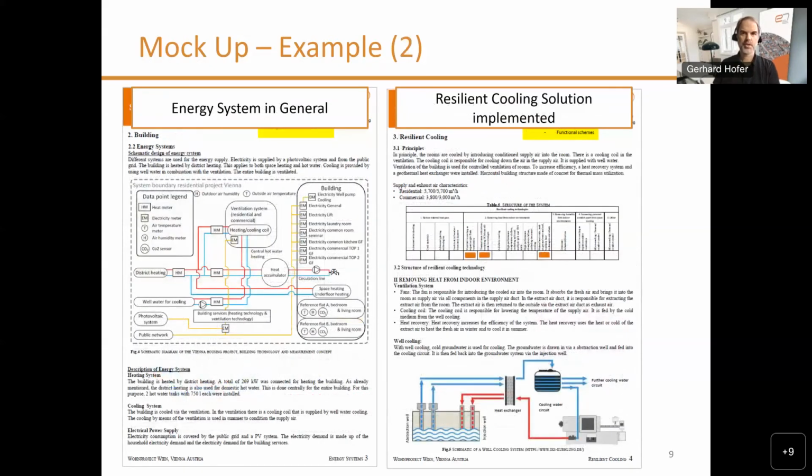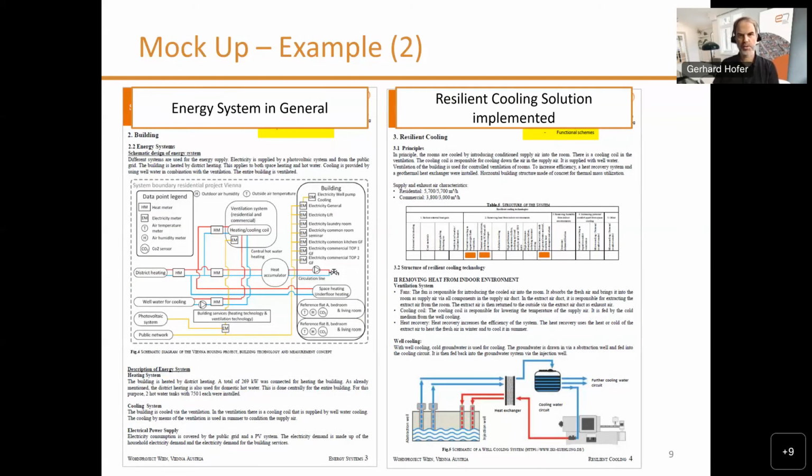On the next page, we have a general description of the technical energy system in the building. We give information about the technical system for heating, ventilation, cooling, and hot water. So, the general overview. Of course, the resilient cooling technology could already be part of this system. On page 4, we start the description of the resilient cooling system, the solution which was implemented in this case study building.